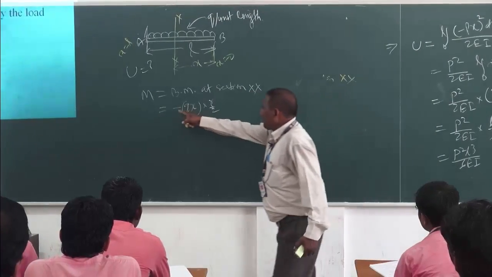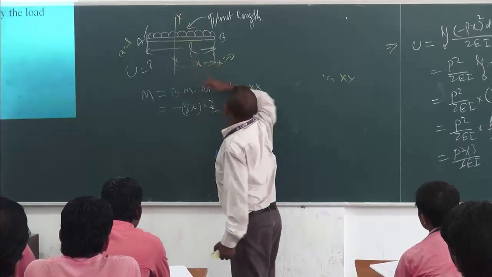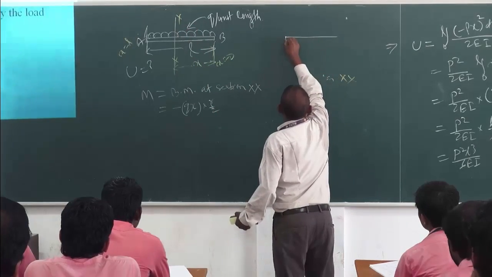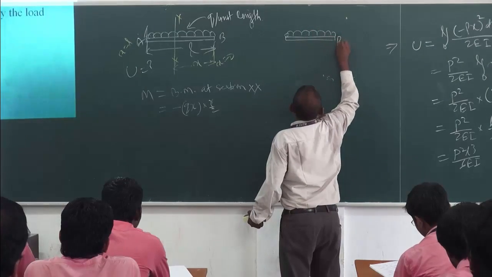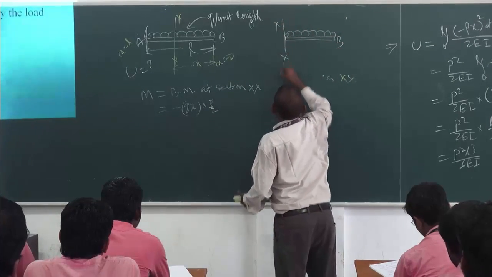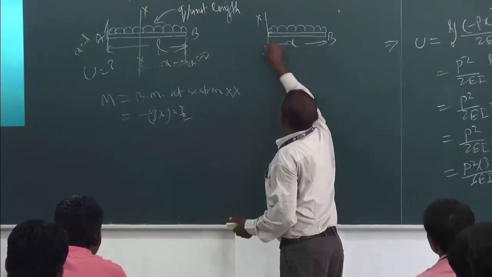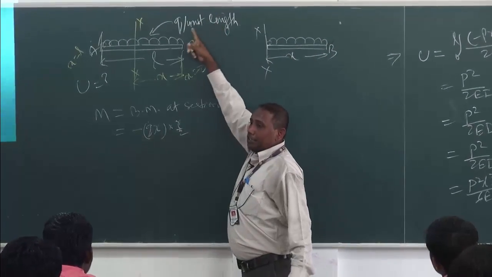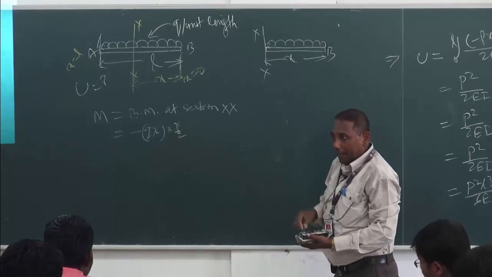And how it comes, minus Qx into x by 2, let me explain. Let us take this length of the beam separately. This is the B end, this is your section XX, and this is the distance x. Per unit length it is Q, and as it is spread over length x, it is Q into x.